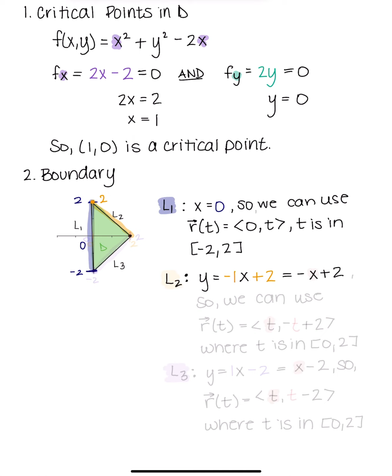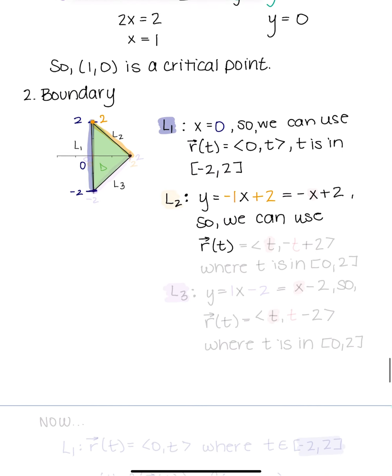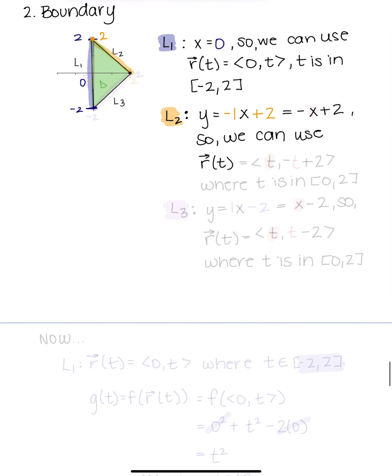So what would we use as our parametric equation? We can use an r of t for this second line. Remember, we're going after the second line here. t is going to be our x's because our x's are changing.